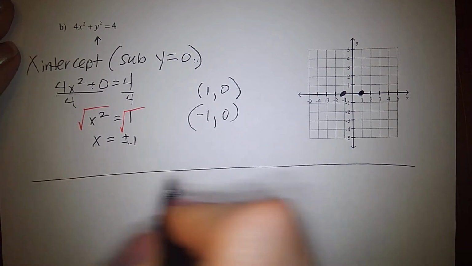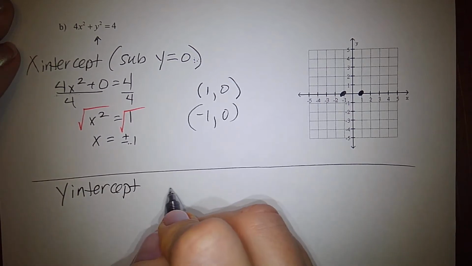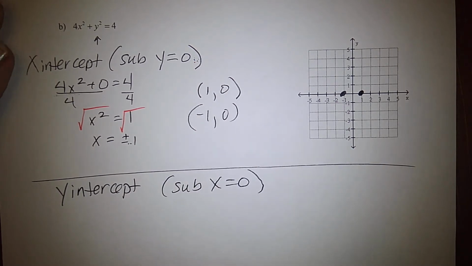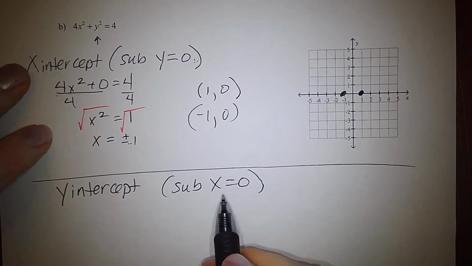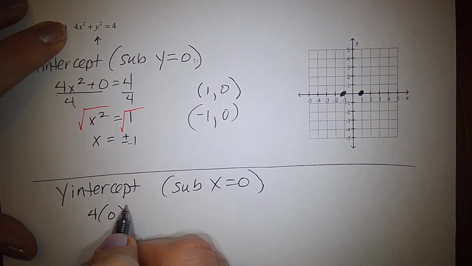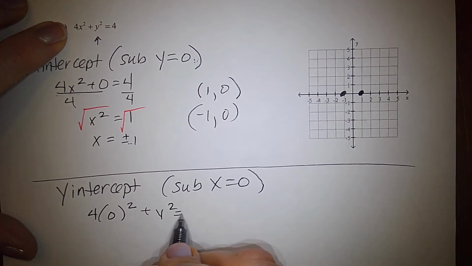So now we're going to look for the y-intercepts. To find the y-intercept, we substitute x is 0. When we plug x is 0 into the original, we have 4 times 0 squared plus y squared is 4. That's 0.